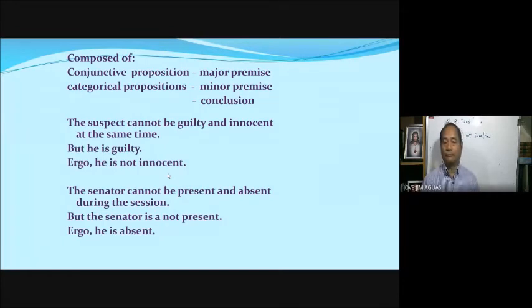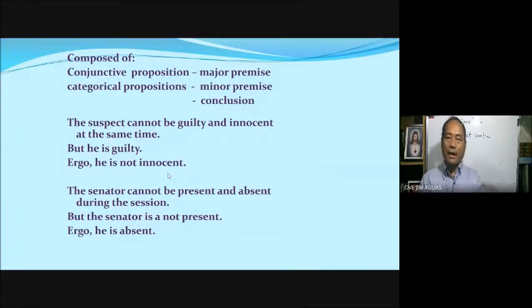Conjunctive. So in the first example, the suspect cannot be guilty and innocent at the same time, but he is guilty, therefore he is not innocent. The second example, the senator cannot be present and absent at the same time, but the senator is not present, therefore he is absent.